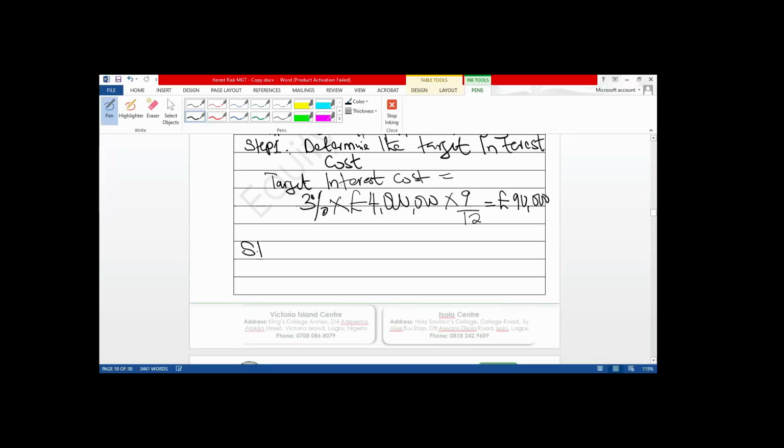Your step 2: calculate the number of contracts needed.